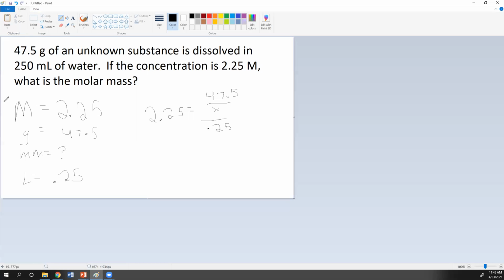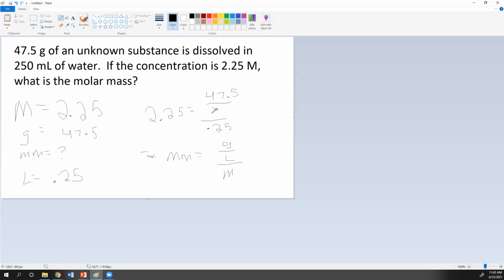How would I solve this out? You would divide this one straight down also. So if you're looking for the molar mass, the molar mass is equal to the grams divided by the liters divided by the molarity.